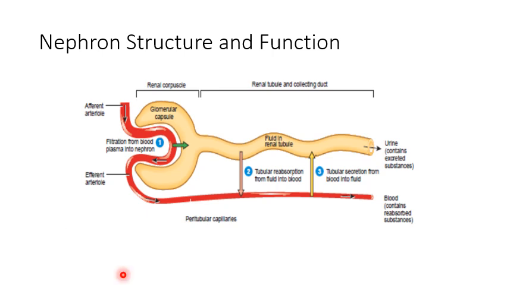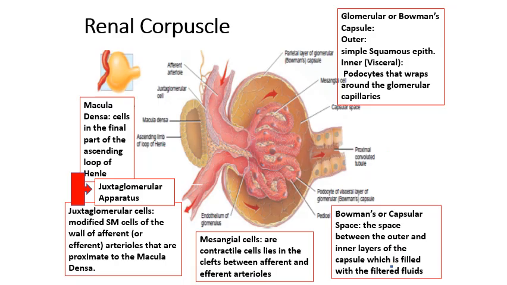This is a simplified schematic representing the basic mechanisms of making urine or urine formation in the nephron, which is number 1 filtration, number 2 reabsorption, and number 3 secretion, and whatever left here is going to be the urinary excretion.